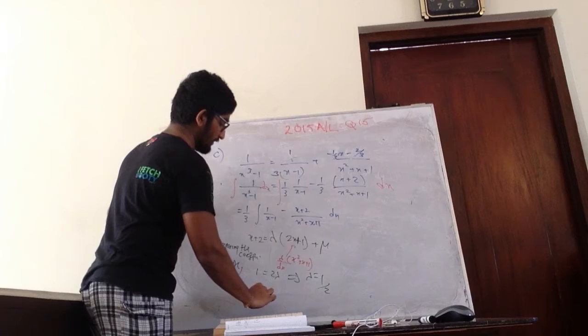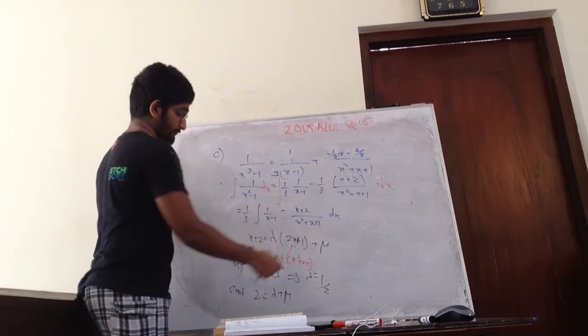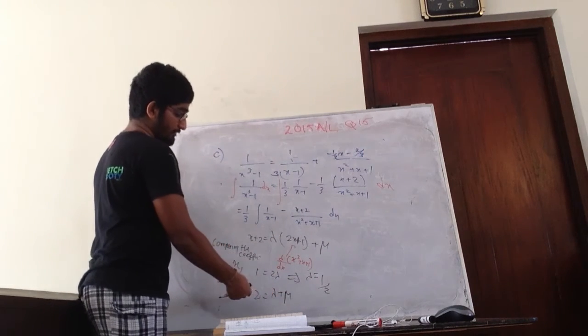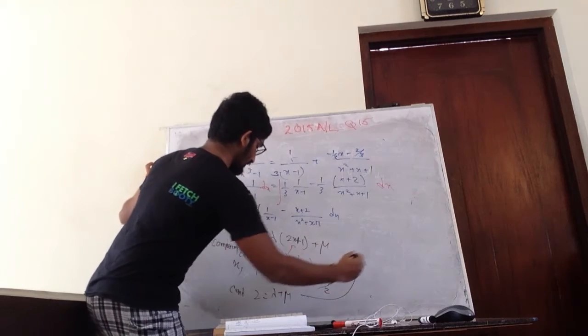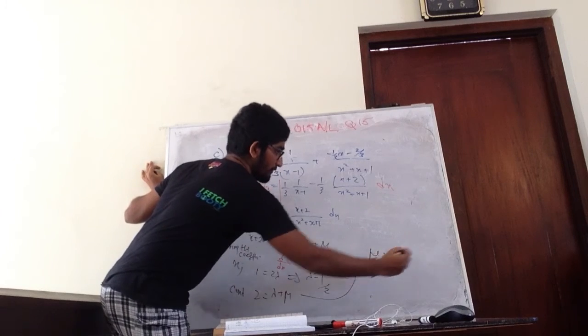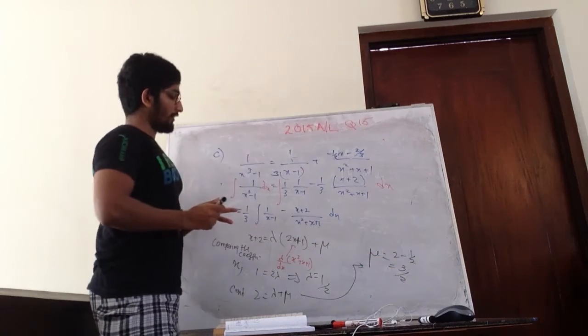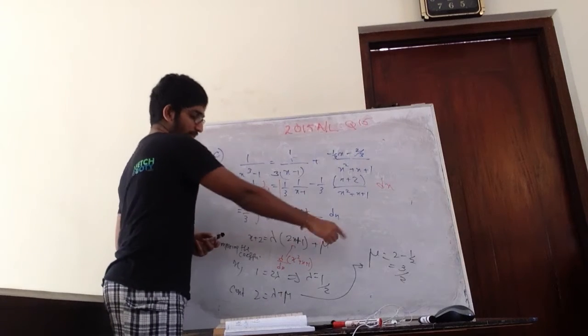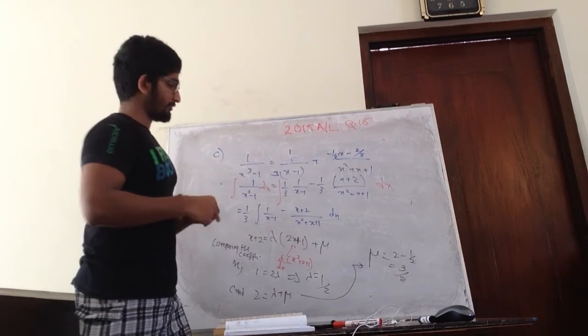The constant is 2 here, and this is going to be lambda plus mu. Right? So then you know lambda is half, then mu is going to be 2 minus lambda. So lambda is half, that is 3 over 2. Right? So you know to write this in terms of lambda and mu now. Correct? No? Right.